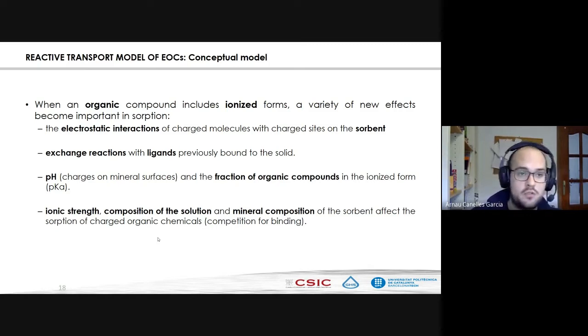This is why we take into consideration all these processes, because we suppose a biochemical model based on FREEQC. We put the different patterns and parameters into this model, and then with the PHT3D, we make this model flow and transport and degrade itself along time and space.